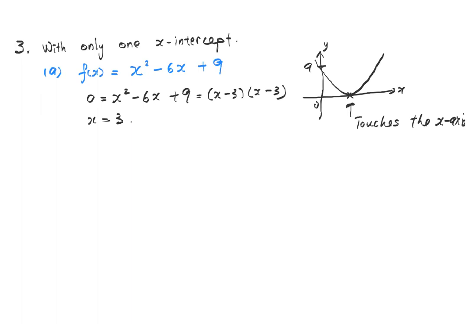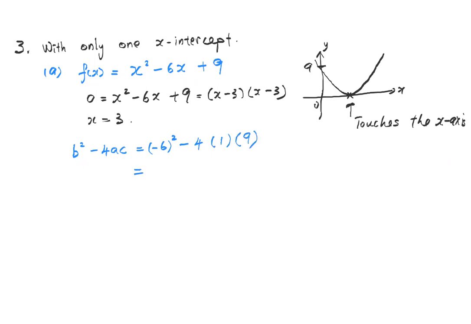So what is the value of b squared minus 4ac in this case? What do you think? Yes, 0. b squared minus 4ac is b squared minus 4, a is 1, c is 9.